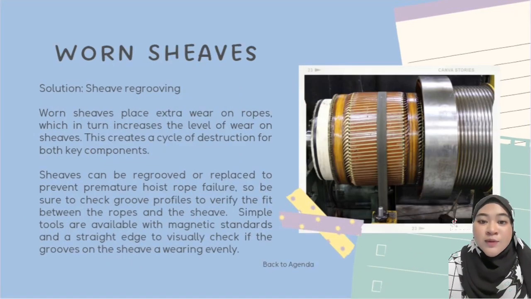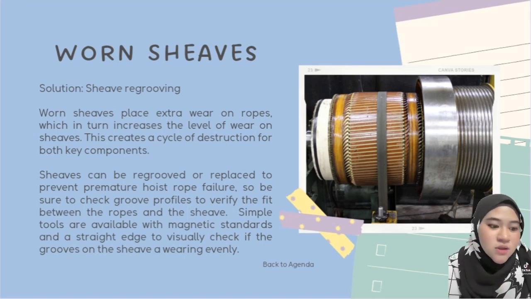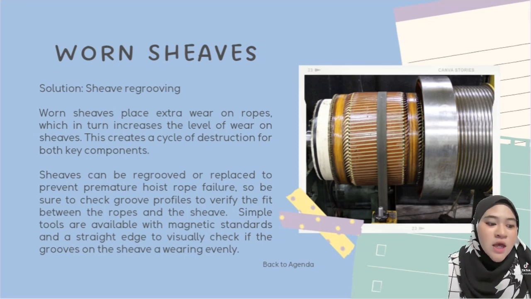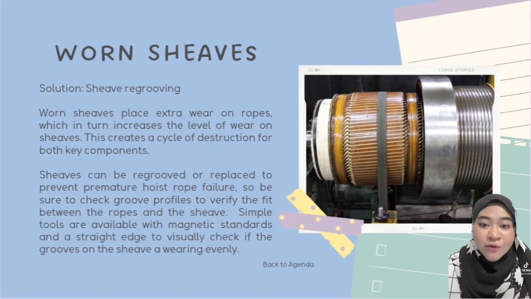Worn sheaves place extra weight on the rope, which in turn increases the level of wear on the sheave. This creates a cycle of degradation of both key components. Sheaves can be removed or replaced by premature hoist rope failure.